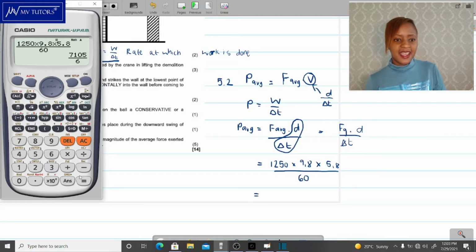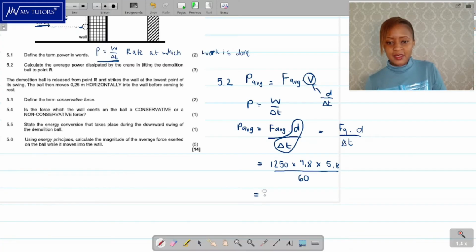And our answer is 1184.17, and the unit is watts. So that is 5.2.